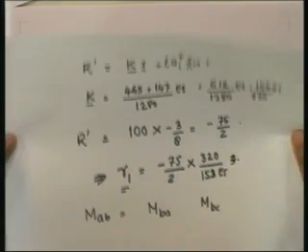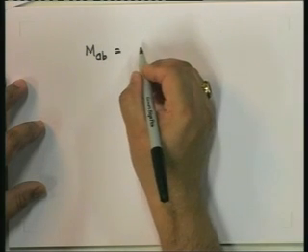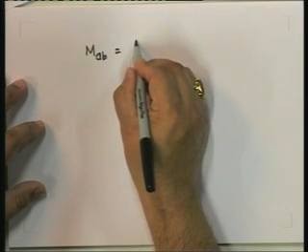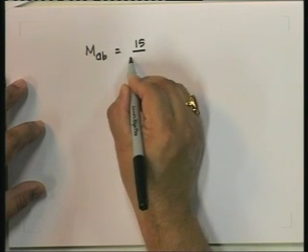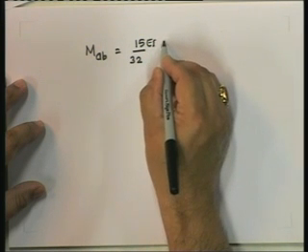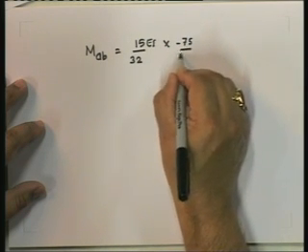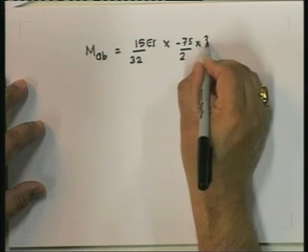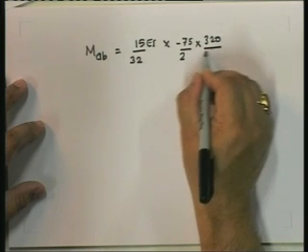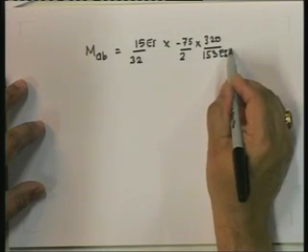MAB is equal to 15 by 32 EI into minus 75 by 2 multiplied by 320 upon 153 EI.